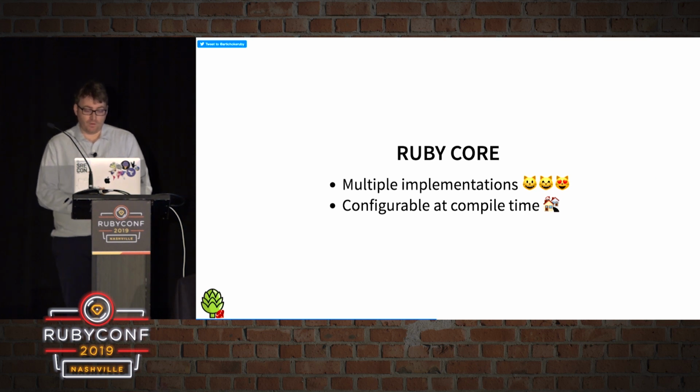Well, to align with some of the goals of the project, Ruby core actually consists of the core objects that are backed by multiple implementations of the same interface. These interfaces and what is exposed are configurable at compile time. Let's take a look at what exactly that means.